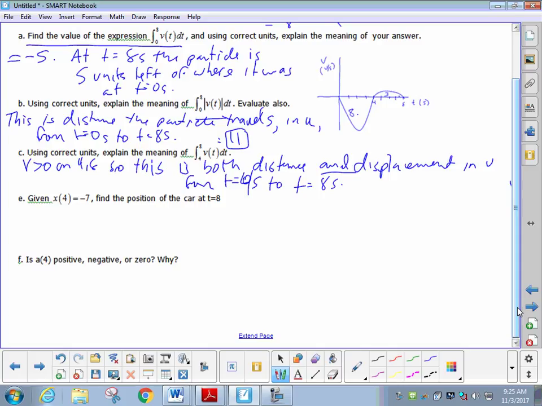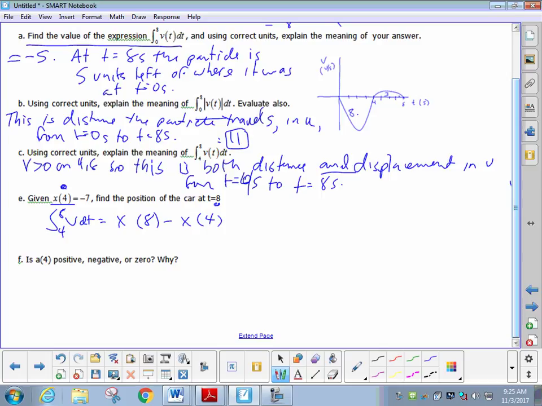Okay, then fundamental theorem problem. Given x at 4 is negative 7, find the position at time 8. To get x at 8, I'll probably want to integrate velocity. That will be change in position over a time interval. And I want to relate what I have to what I want. I know time 4. I want time 8. So I'm integrating 4 to 8. The difference would be change in position from time 8 to time 4.